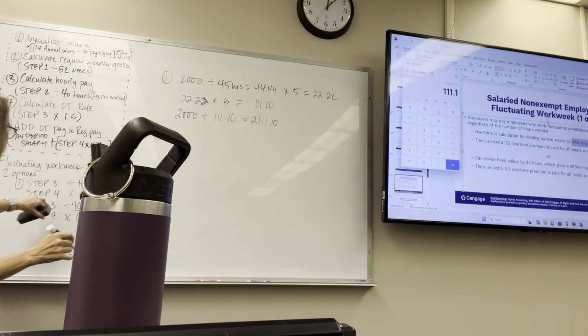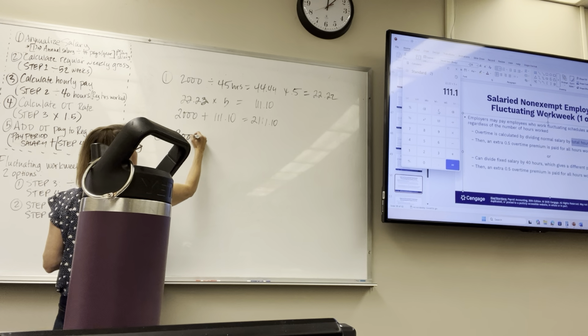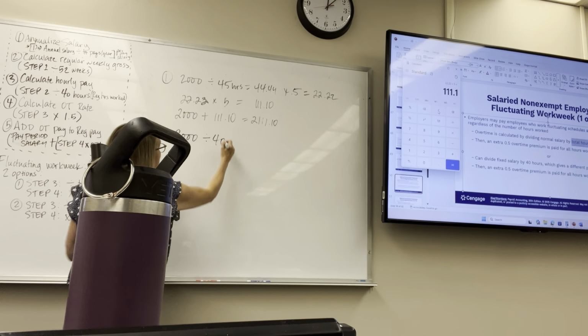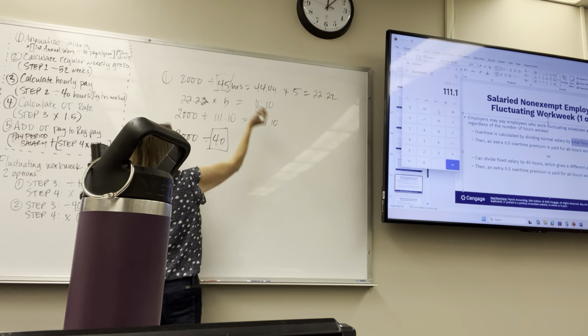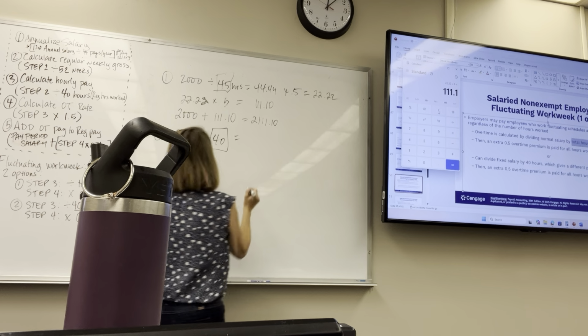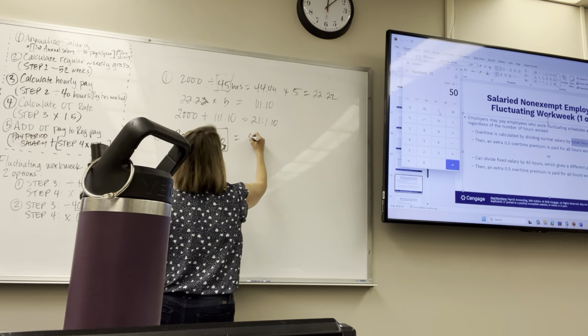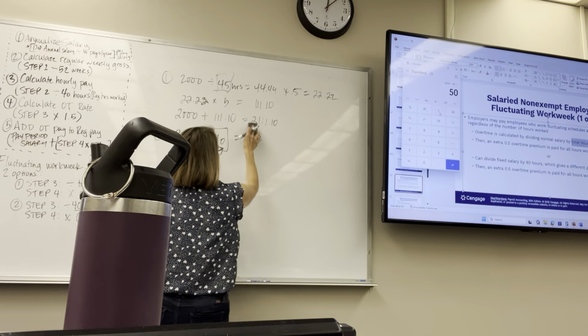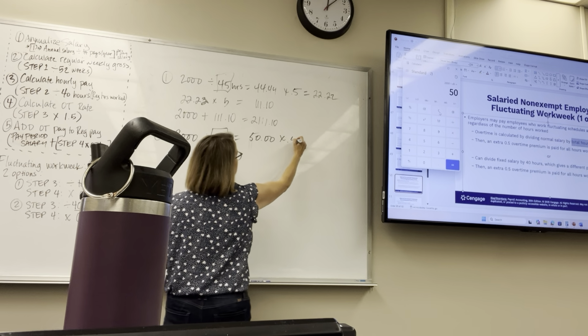Second method, we're going to take the 2,000 and divide it by 40. So the difference is what we're dividing it by to get that overtime premium. Obviously, this one is going to end up being higher because we're dividing it by a smaller number. So 50 times 0.5.